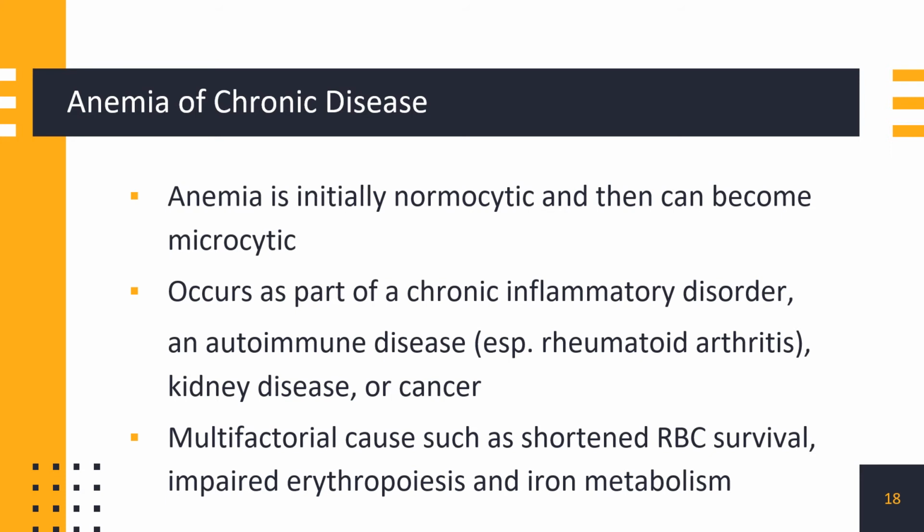Erythropoiesis is impaired because of reduction in both erythropoietin production and marrow responsiveness to erythropoietin. Iron metabolism is altered as a consequence of an increase in hepcidin, which inhibits iron absorption and recycling, leading to sequestration of iron.